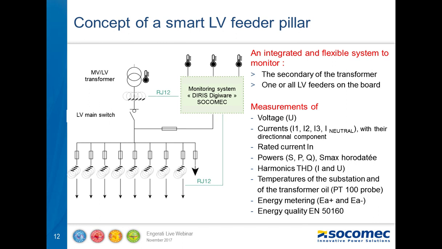Another point that we see also is the monitoring of the temperature of the substation and directly from the transformer. All this data can be directly monitored through the box and through a gateway. And we can also monitor energy and energy quality.